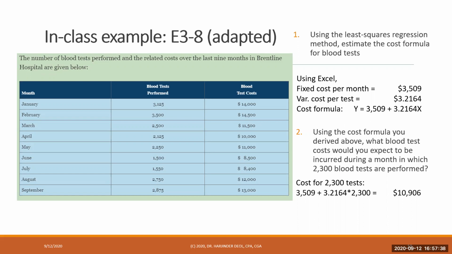So 9 months worth of data is not a whole lot of data. Using least squares regression makes more sense when you have more data. So you should have at least 20 months or years worth of data in order to really get the most out of least squares regression. Otherwise, using high-low is pretty fine.